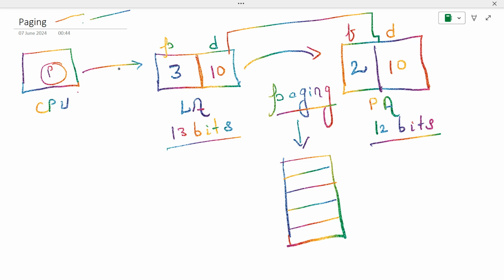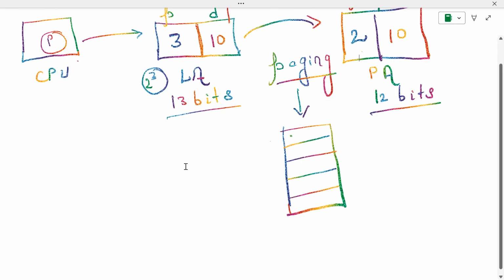If we have 2 raised to the power 3, that is 8 pages, then for each page we have the corresponding frame number, for those pages which are present in the main memory. This thing we will see in today's video, but first let me illustrate what happens.